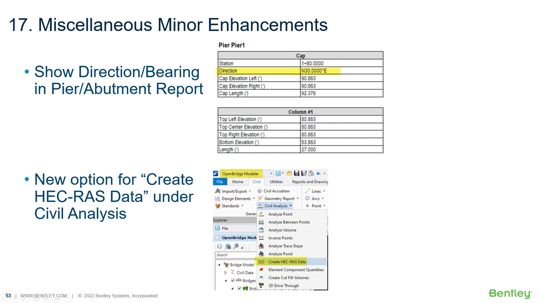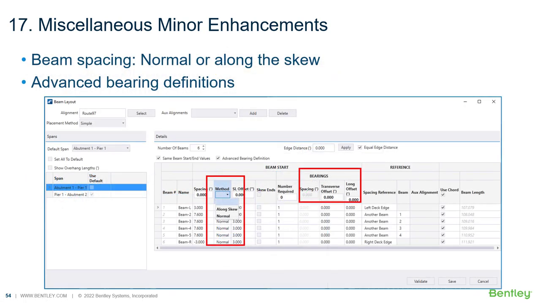And then also we can see beam spacing, which can be now normal or along the skew. Also, there is another one, advanced bearing definitions, which can be longitudinal offset or transverse offset as well.